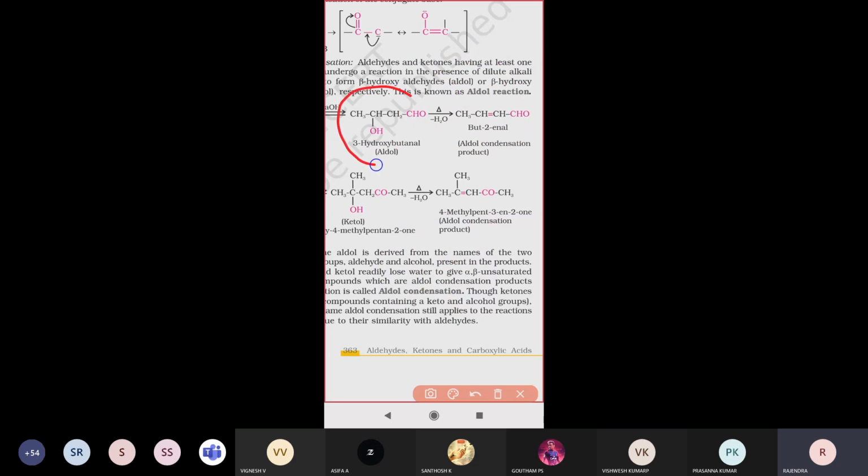That's why we call it aldol. Ald is aldehyde, OL represents alcohol. Condensation is the removal of a water molecule. One water molecule is eliminated. That's why we call it aldol condensation reaction.